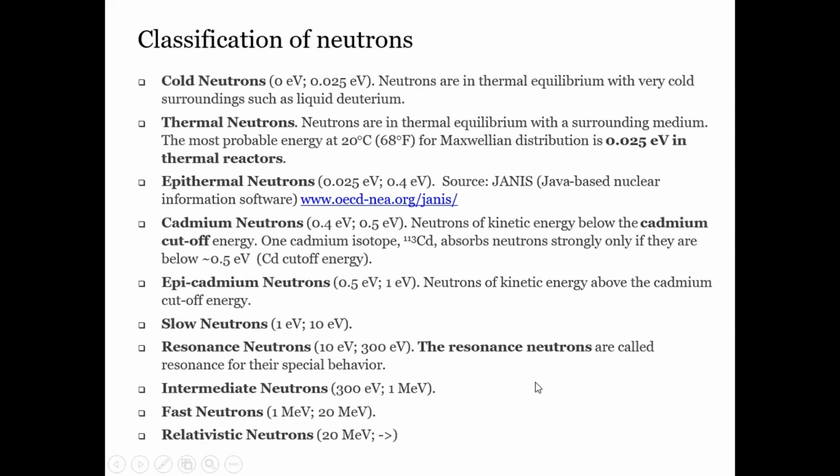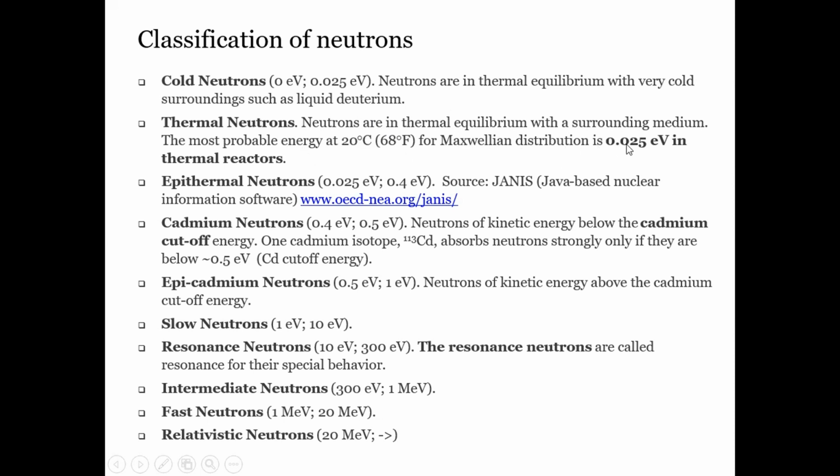Now let us very briefly talk about the neutrons and their classification, how people term the neutrons according to their energies. There are cold neutrons, with almost zero energy or very small energy. Neutrons that are in thermal equilibrium with a very cold surrounding, such as liquid helium or deuterium, are called cold neutrons. The thermal neutrons are those that are in thermal equilibrium with the surrounding at 20 degrees centigrade.